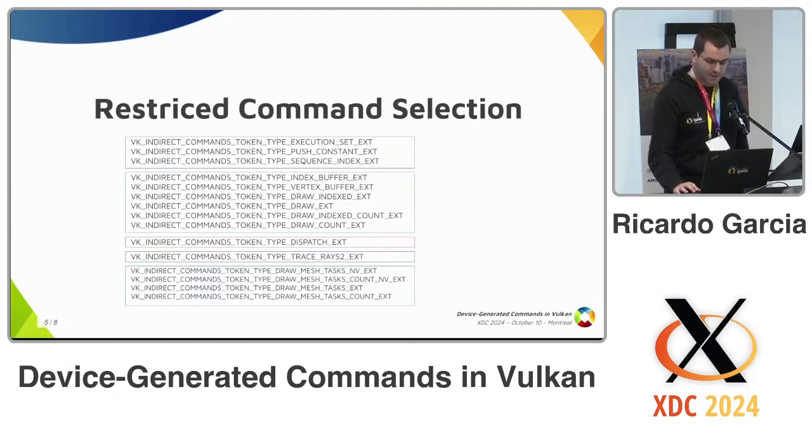There's general stuff like push constants, stuff related to graphics like draw commands and binding vertex and index buffers, and stuff to dispatch compute and ray tracing work, and that's it basically. And moreover, to make things even simpler, each layout must have one token that dispatches work, which is draw, compute, or trace rays, but you can only have one of those, and it must be the last one in the sequence. So that makes it even simpler.